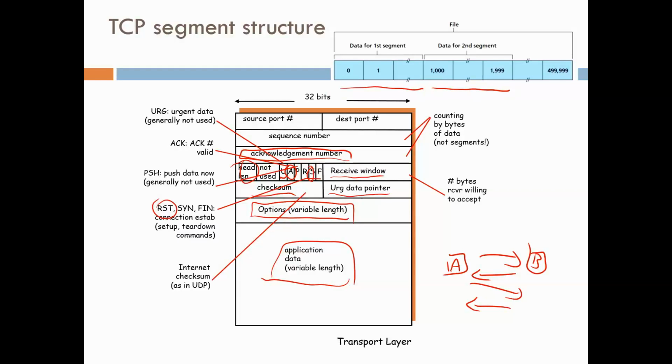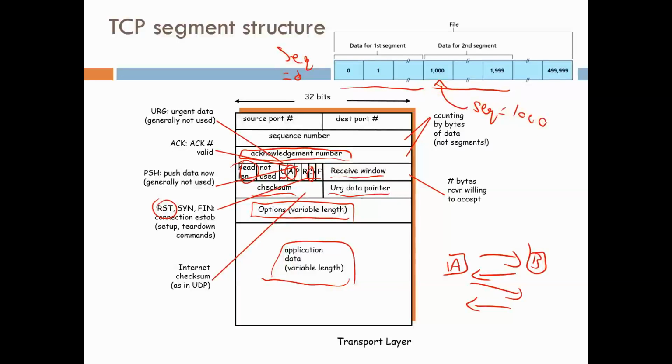Okay. Now, the TCP protocol will number these bytes, and the sequence number will be the number of the first byte in that segment. That means for the first segment, the sequence number will be 0. In the second segment, the sequence number will be 1000. In the third segment, the sequence number will be 2000, and so on.